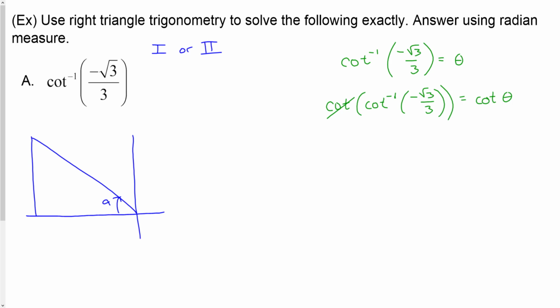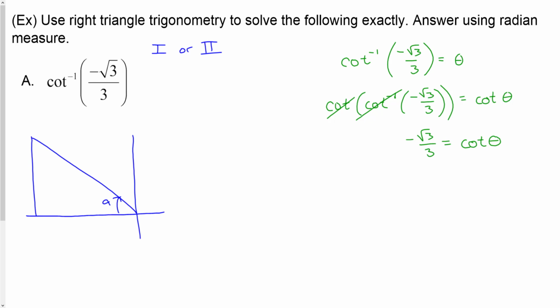So it's like multiplying and then dividing. They cancel each other out. So that means the same thing as the cotangent of theta equaling negative root 3 over 3.